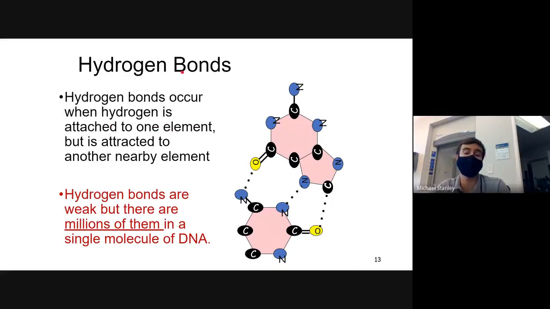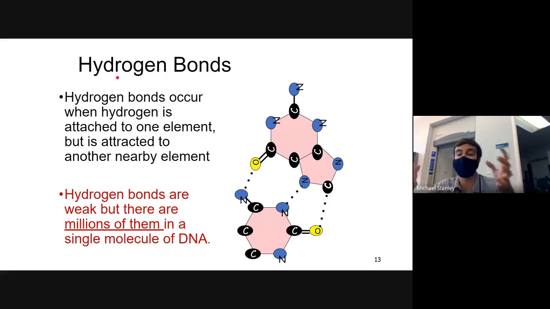So the hydrogen bonds are like the attractive force between the bases. So like A and T go together and C and G go together, but in the actual DNA itself, they're not physically connected to each other. Instead, they're just kind of attracted to each other with these hydrogen bonds.